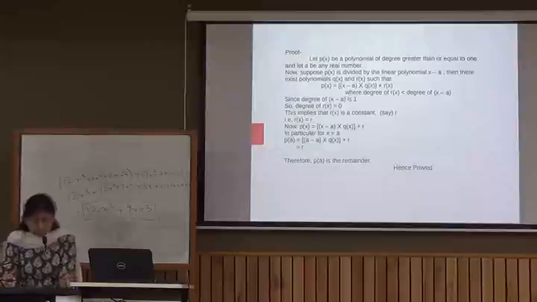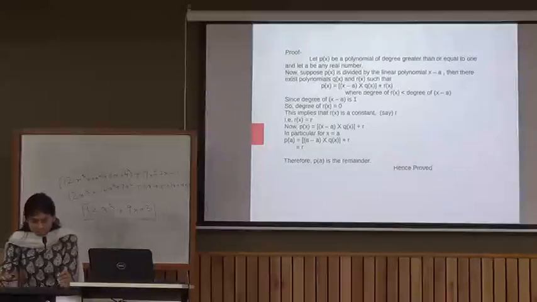Let us understand the proof of this remainder theorem, which is easy. Let p(x) be any polynomial of degree greater than or equal to 1 and let a be any real number. Now, suppose p(x) is divided by the linear polynomial x minus a.